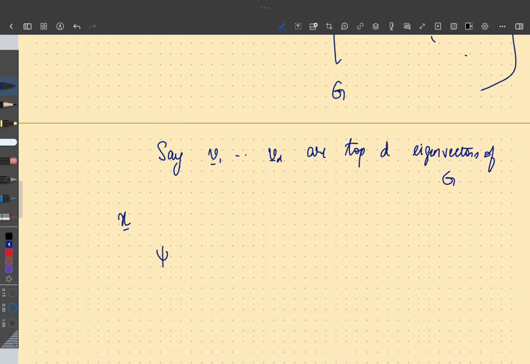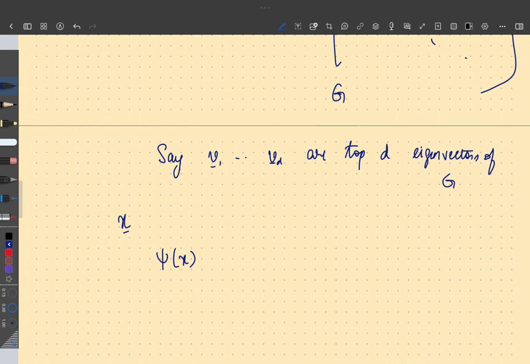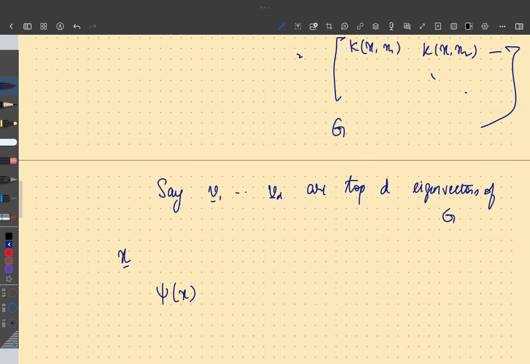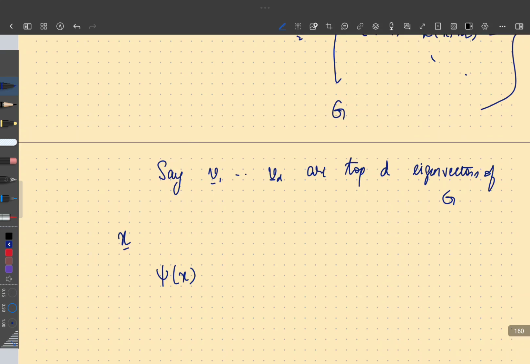The representation would be psi of x times the D eigenvectors of G, psi of x times the projection matrix, which is my A, right? So this is what I, in some sense, want to compute.